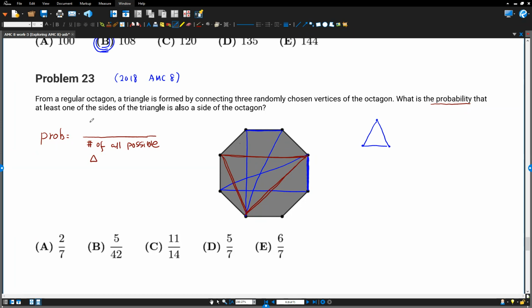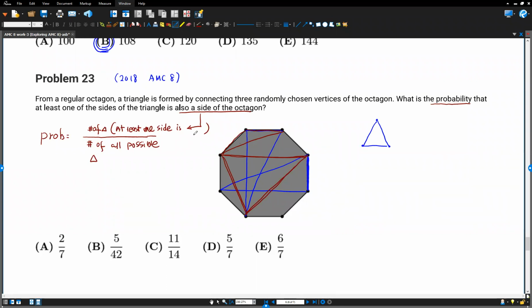The desirable, successful outcomes are what? The number of triangles with at least one side, so 1 or 2 sides, not 3 sides. Just 2 sides on the octagon's side but the third one is not, so 1 or 2, okay? At least one side is also a side of the octagon.